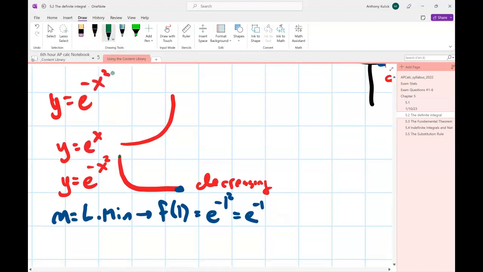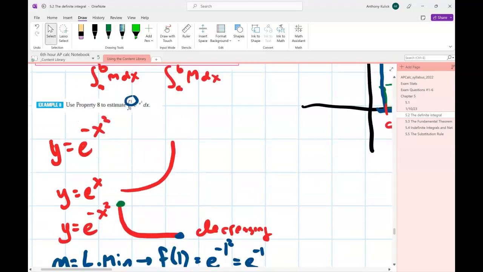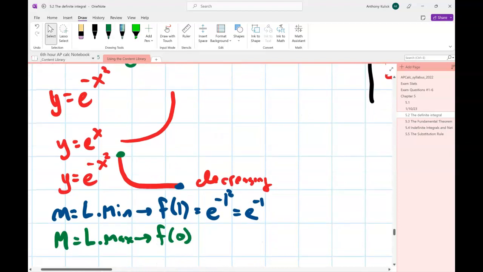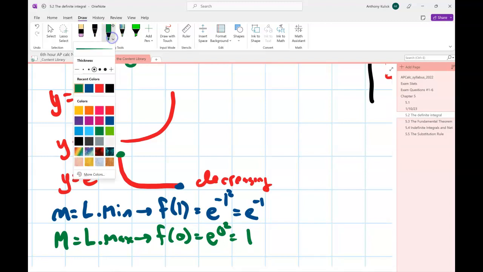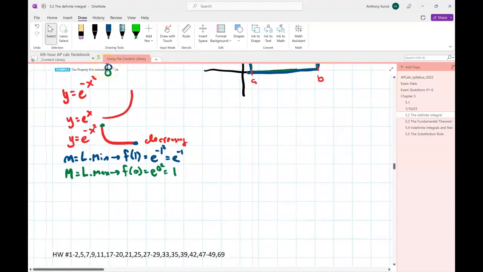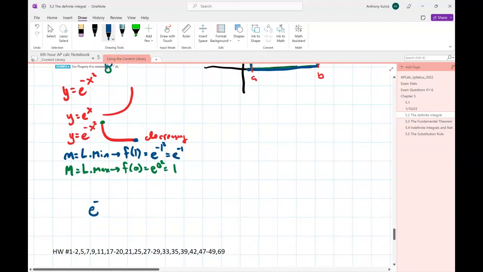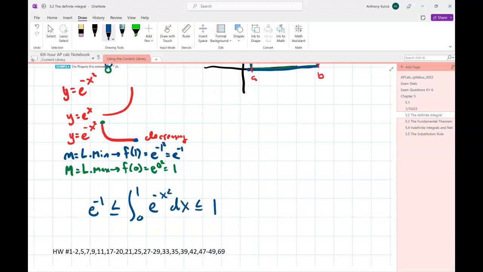And my local maximum is going to be the furthest left point I have in my interval, which would be 0. So I take those two together, and I can say e to the negative 1 is less than or equal to my integral from 0 to 1 of e to the negative x squared dx, which is less than or equal to 1. There's my estimation.